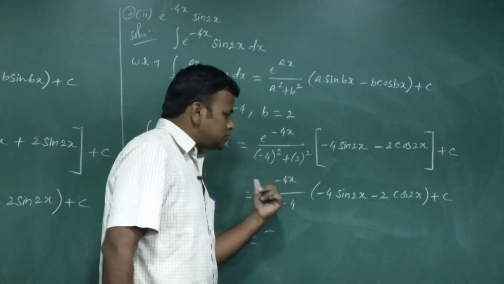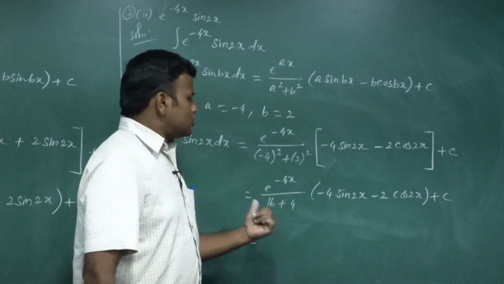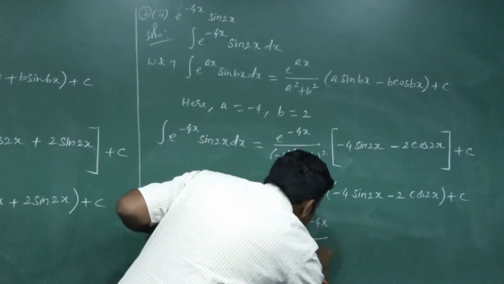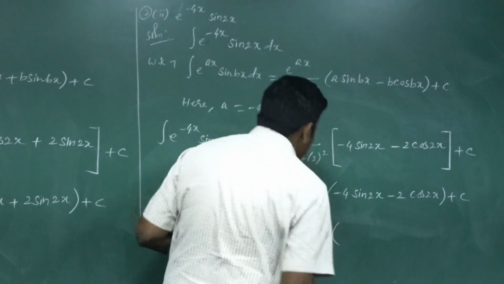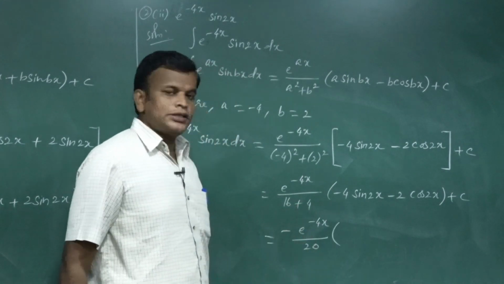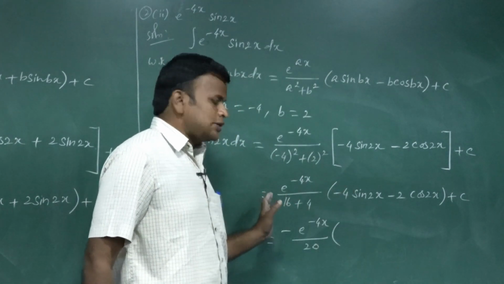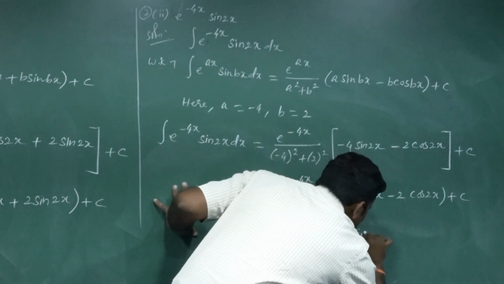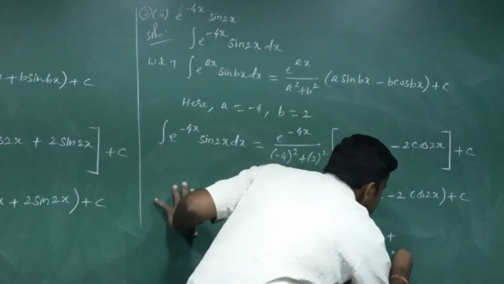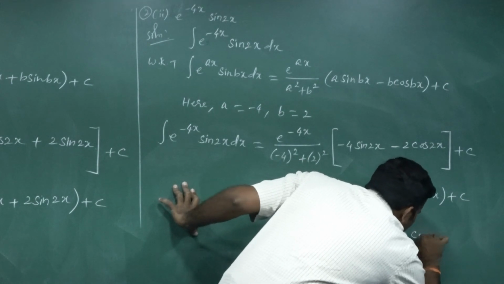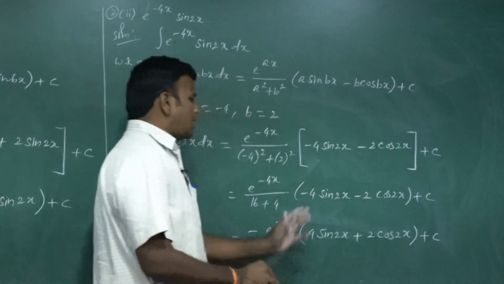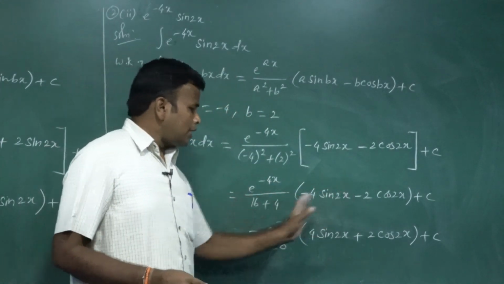Okay, I will take outside just minus term only. So the remaining is e power minus 4x by 16 plus 4 is 20. I will take outside minus. So what is the remaining? 4 sin 2x plus 2 cos 2x plus c. I will take outside minus only because in both terms minus is common.